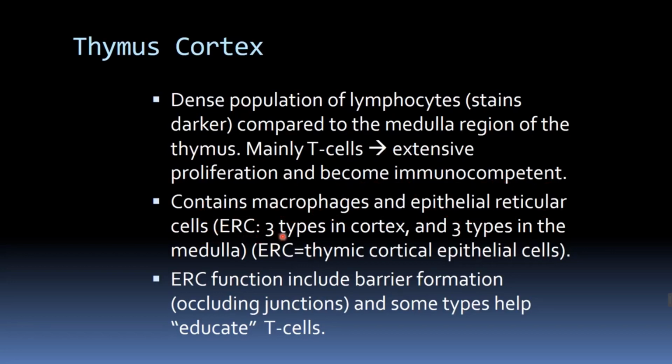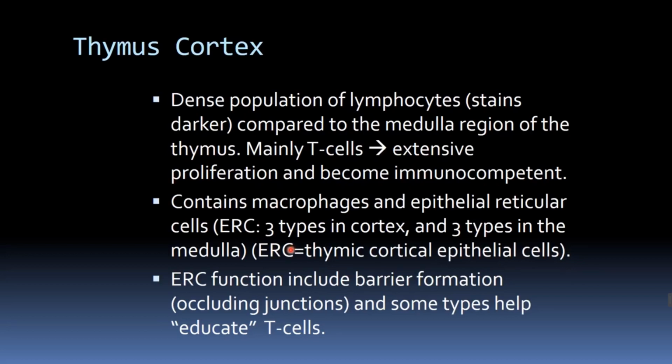We essentially have three types of these cells found within the cortex and three types found within the medullary region. ERCs, in some textbooks, you'll see them called thymic cortical epithelial cells. They mean exactly the same thing. Okay? I tend to use the ERCs because it's just easier to explain it in terms of the explanations that are coming up.